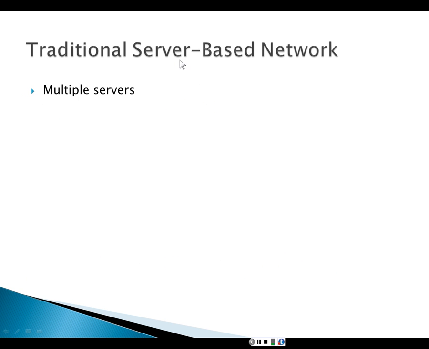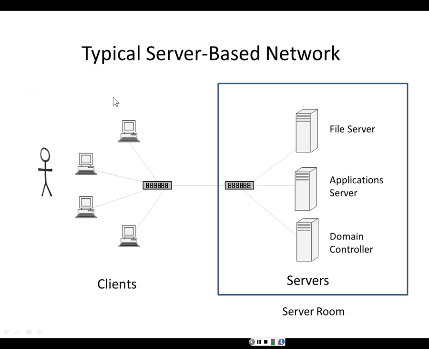In a traditional server-based network, we may have multiple physical servers. The user stands at the workstation and connects to the switch, which connects to another switch, which connects to the server room. And then in the server room, there are multiple servers.